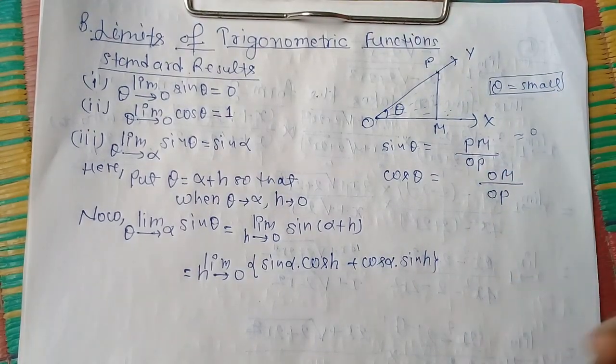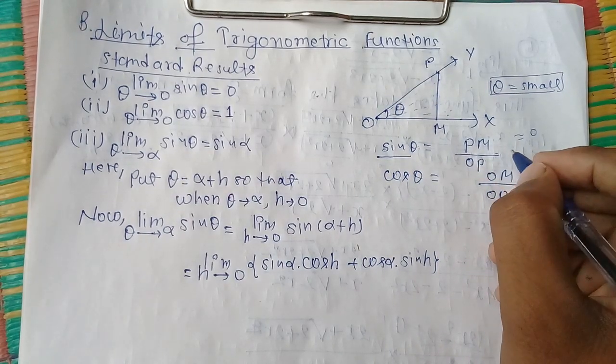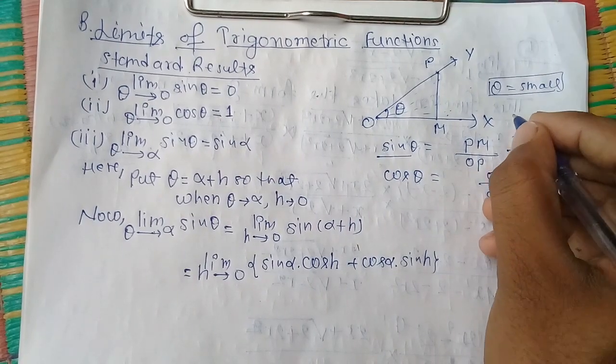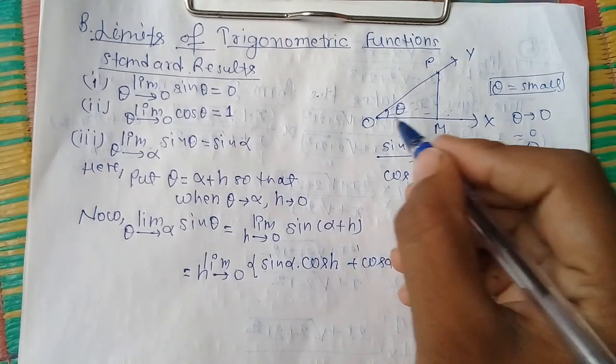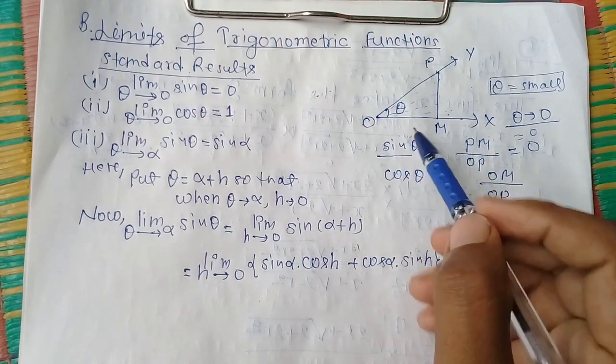So in this case sin theta directly gives the value 0 as theta tends to 0.